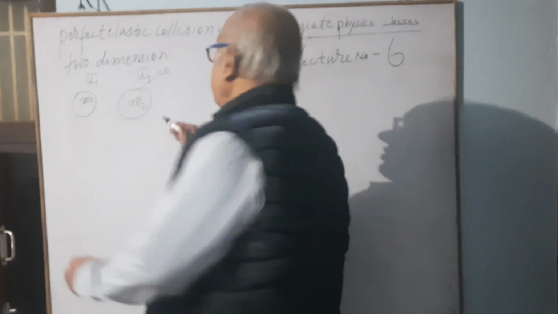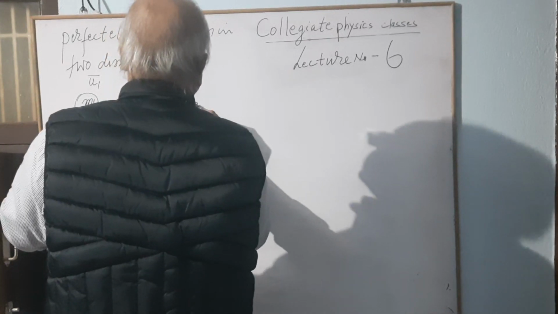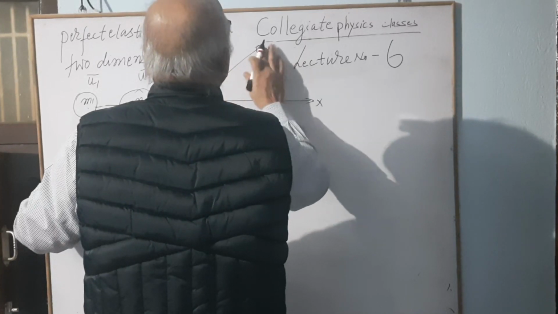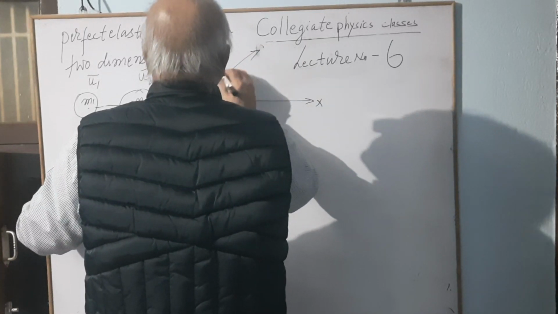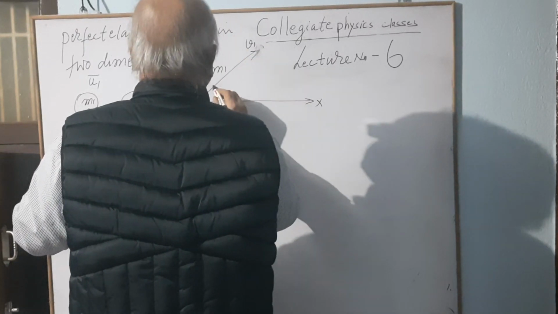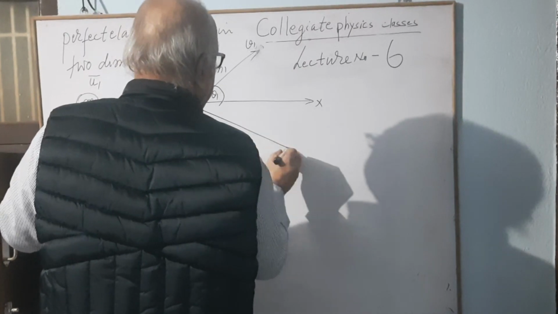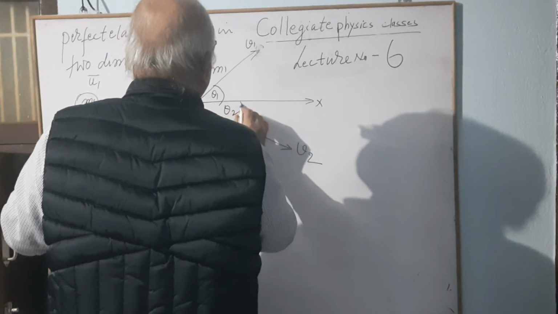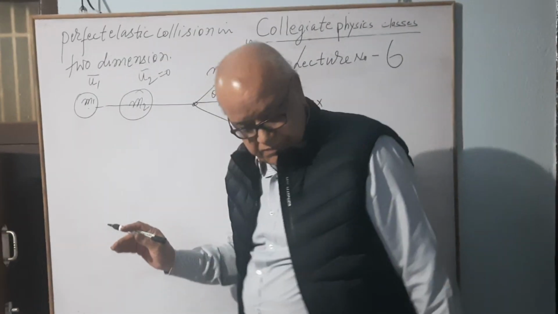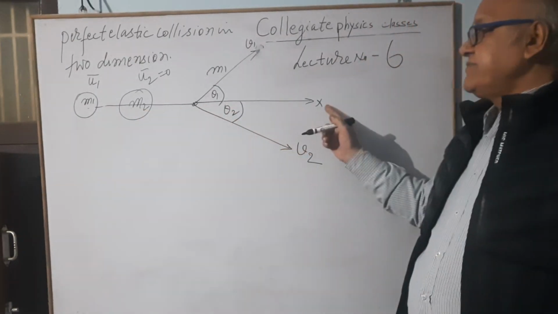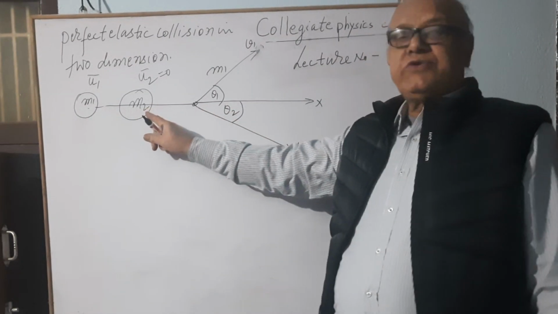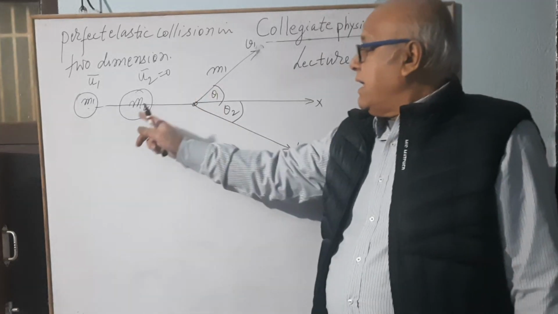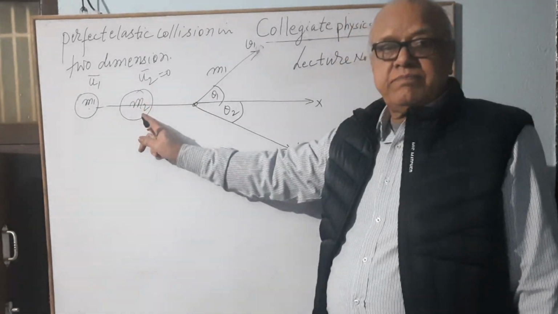So, after collision, suppose that this line is x-axis, m2 is at rest and m1 is making a collision.